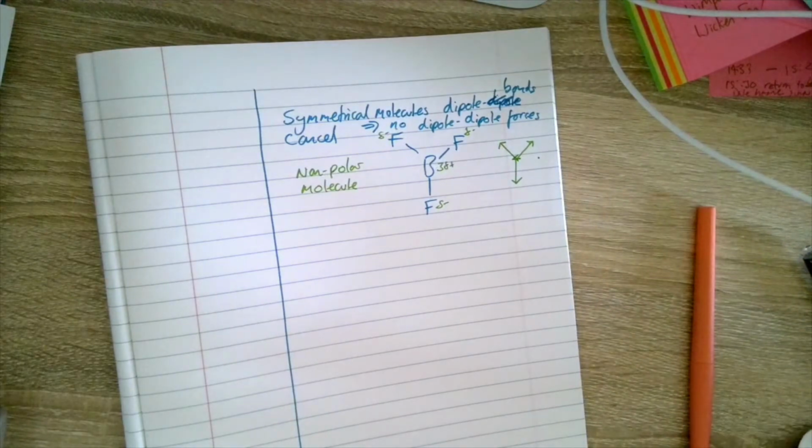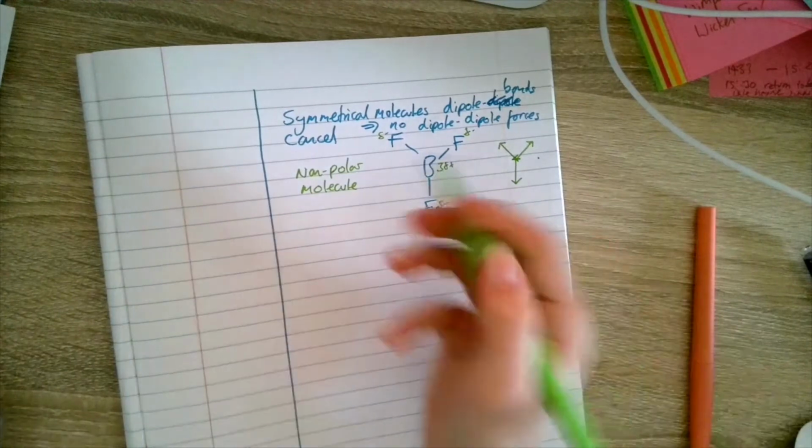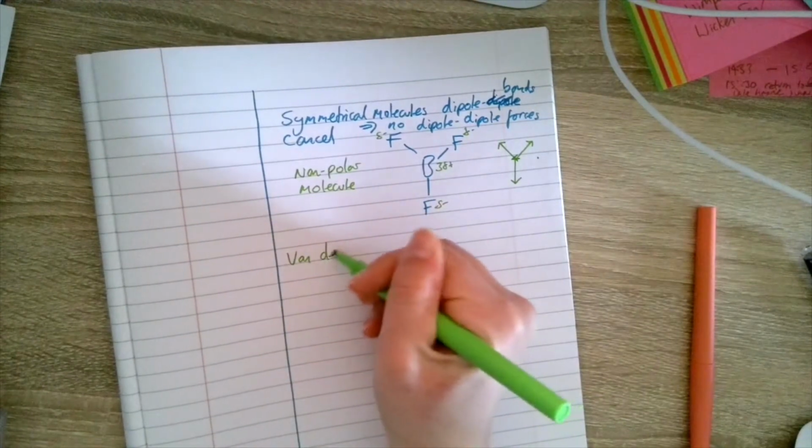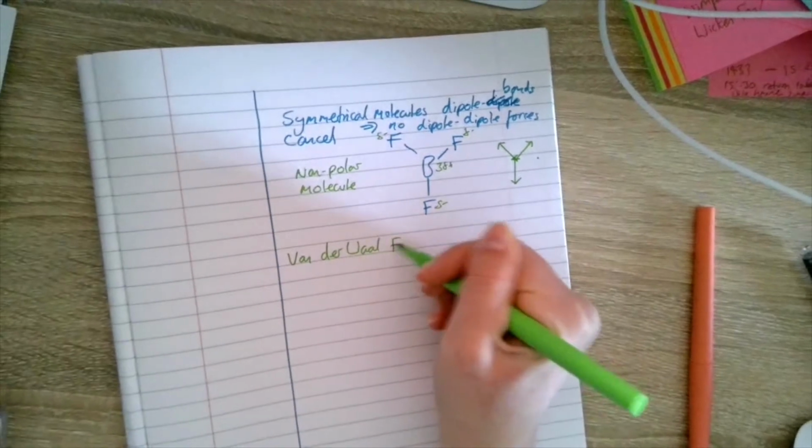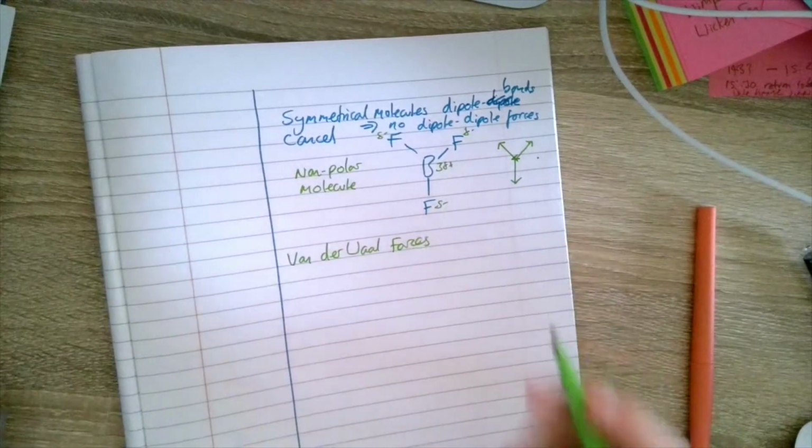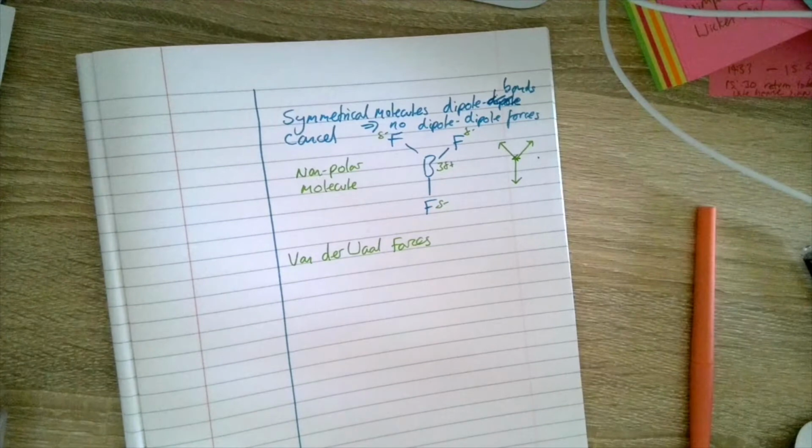However, in all of these molecules, what we do have is our van der Waals forces, and this is due to the fact that in our bonds where our electrons are, they're constantly moving in random directions, and at any one moment there could be an imbalance in where those electrons are, and there you get a temporary dipole.